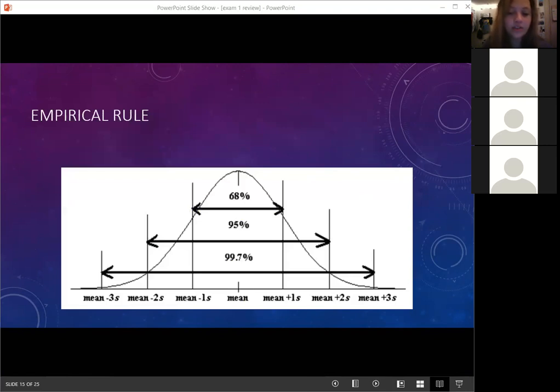So no matter what graph you're looking at, if you're within plus or minus 1 standard deviation, you are going to be showing 68% of the data below that curve. This is something to keep in mind when we're talking about the different ways that we can describe our data and look at it in terms of a normal curve and different standard deviations.